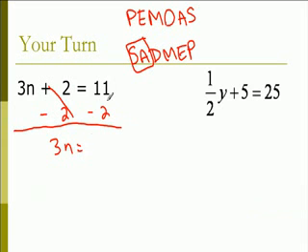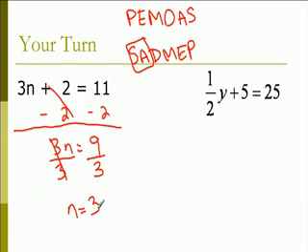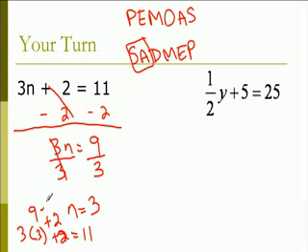We're left with 3n equals 11 minus 2, which is 9. The next step is to get rid of our 3, so we need to divide that out since it's multiplication. N equals 3. Okay, to check our work, 3 times 3 plus 2 is 11. So 9 plus 2 is 11, so that's correct.